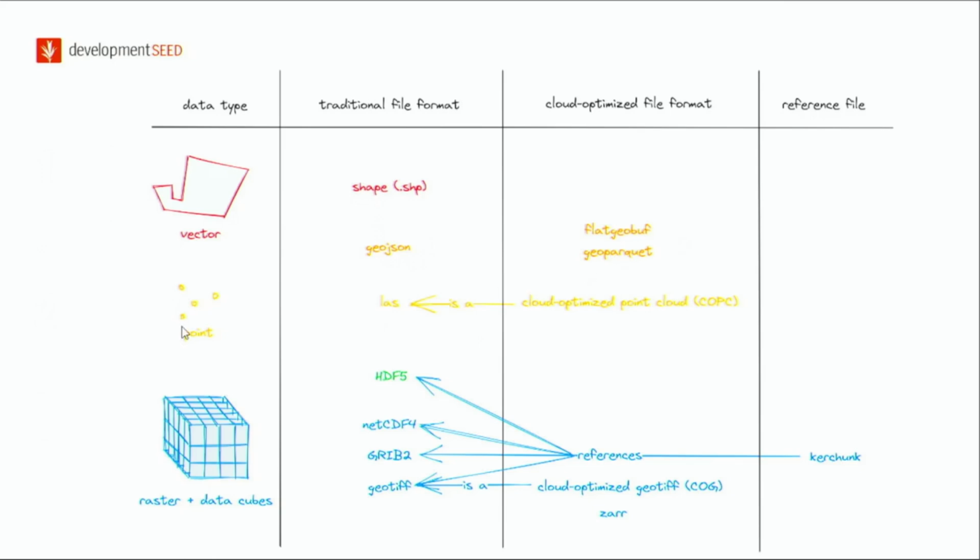There are also cloud optimized point cloud formats. When you are talking about raster, the common format is GeoTIFF, and there is a version of GeoTIFF that is cloud optimized, the Cloud Optimized GeoTIFF or COG, and some other formats that are less used, but a bit more complex.